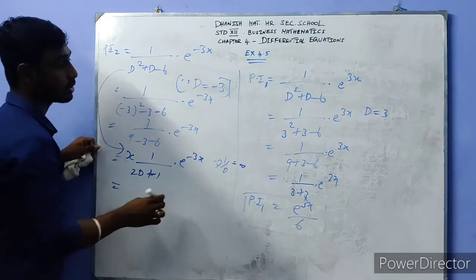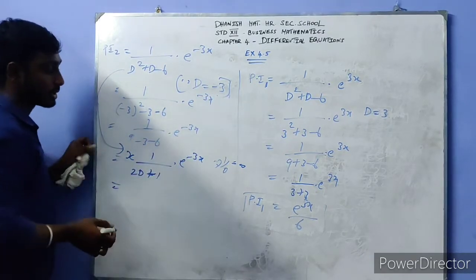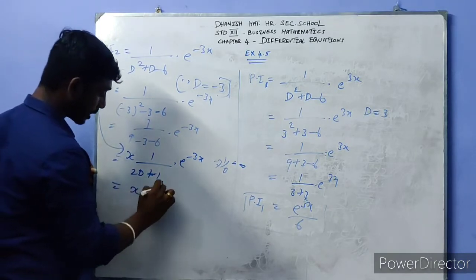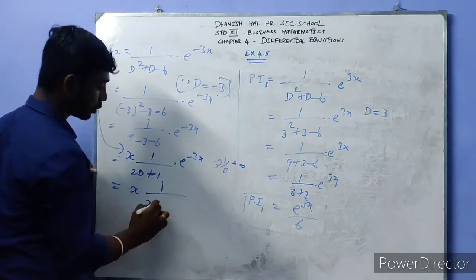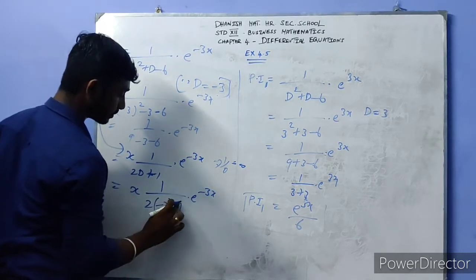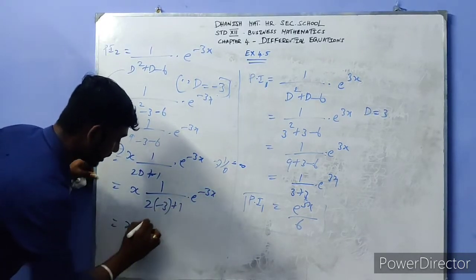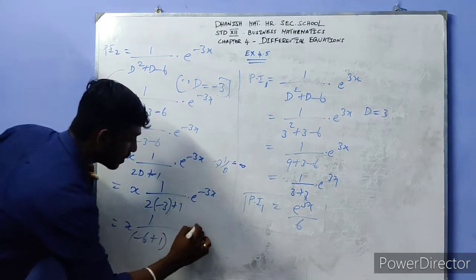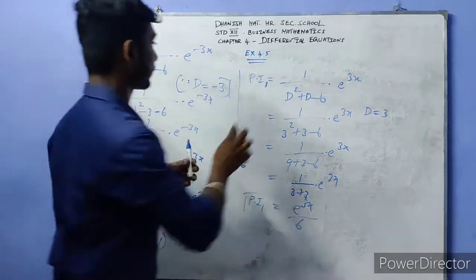Now we are going to substitute this D value here. You will be getting x into 1 divided by 2 into minus 3 plus 1, e power of minus 3x. Now take this: x into 1 divided by minus 6 plus 1, e power of minus 3x.